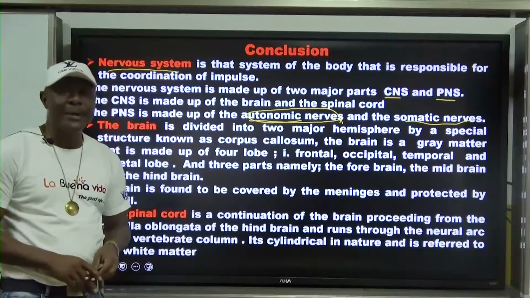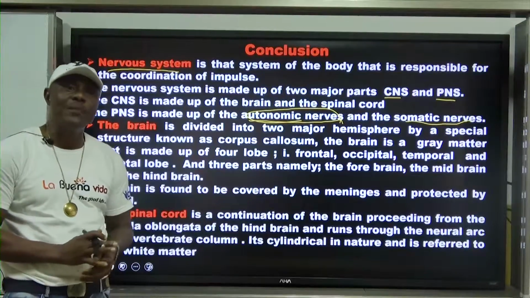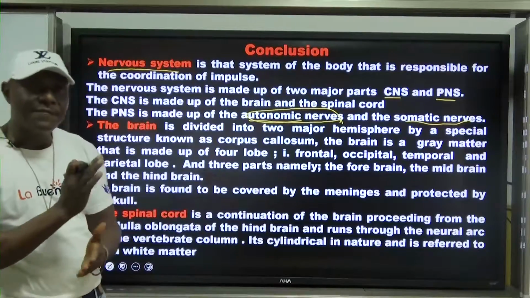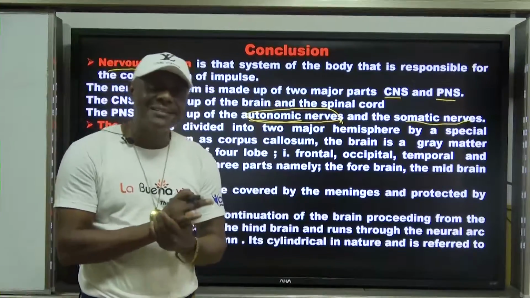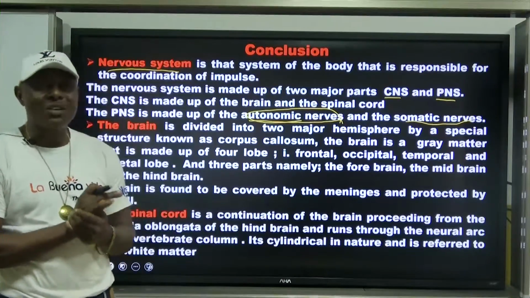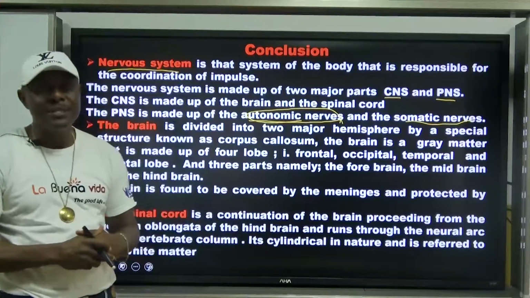We talked about the brain. I said the brain is divided into 2 major hemispheres, the left and the right hemisphere. This brain is divided at the middle by a strong structure referred to as the corpus callosum, bringing the brain into 2 hemispheres.